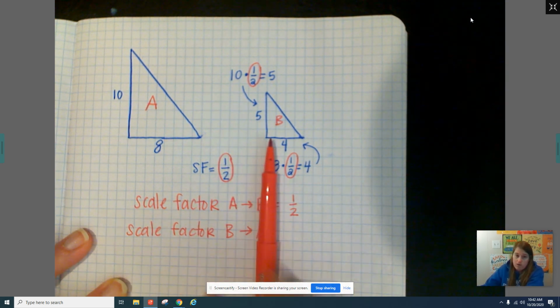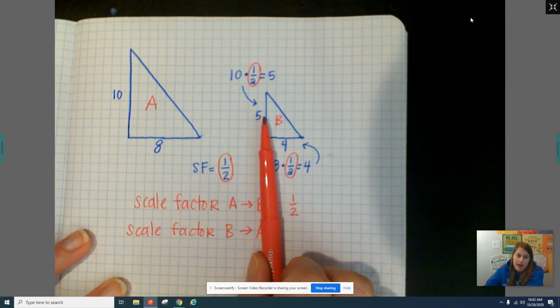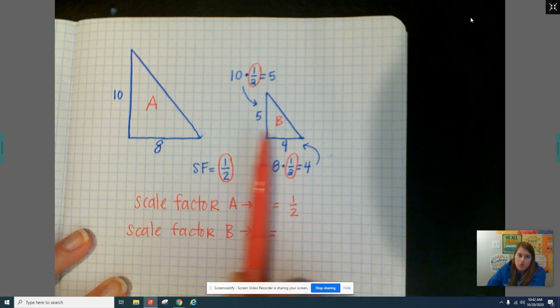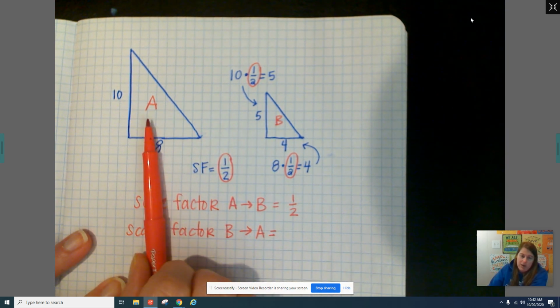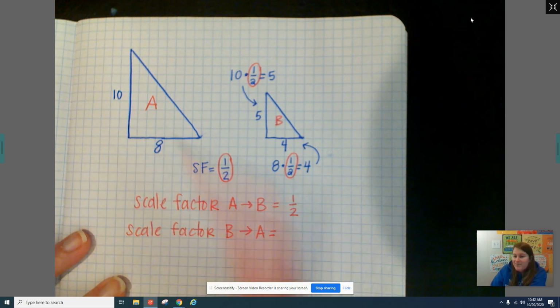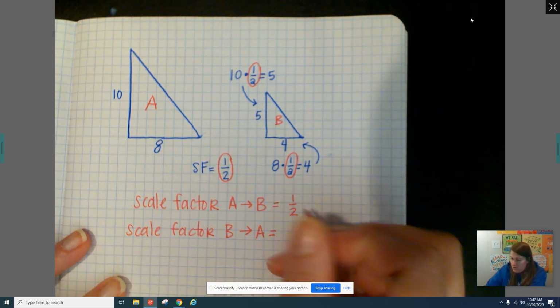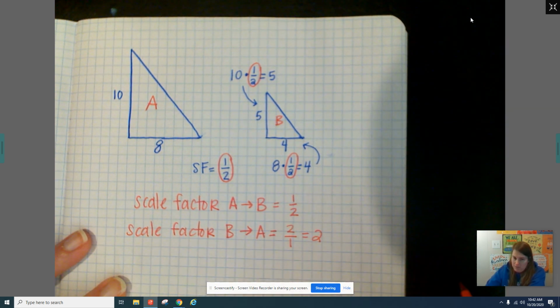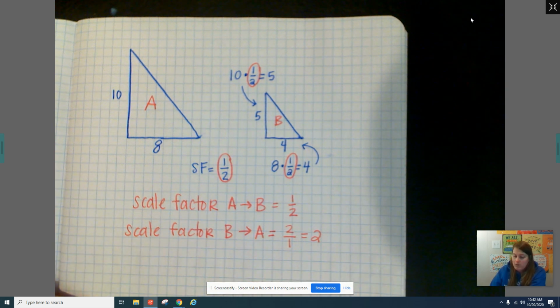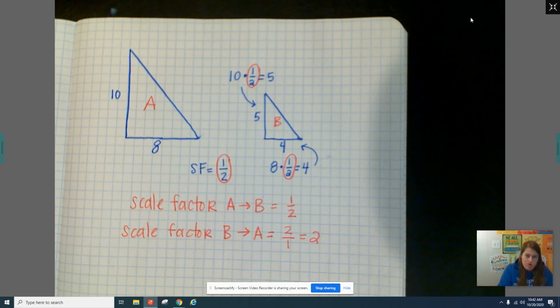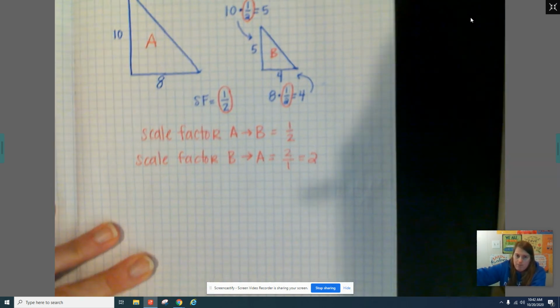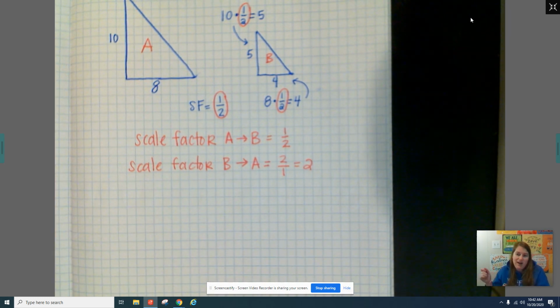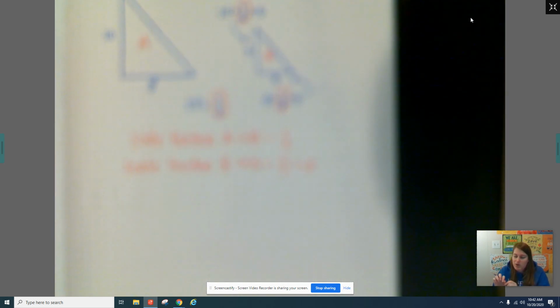So if this was your original with a height of 5 and a base of 4, and you were going back to this shape, what would the scale factor be? It's just the reciprocal of this scale factor right here. So it's 2/1, which essentially is just 2. Okay. So we'll dive into that a little bit more next week. But you can really use scale factors and reciprocals to help you.